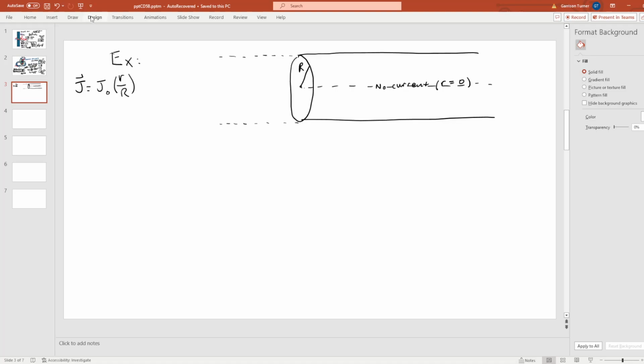Okay, but when I start to move off of the axis, I will get small bits of current, and as I get further from the axis, it'll grow linearly with J naught as the slope.